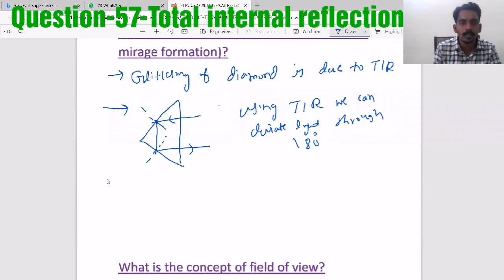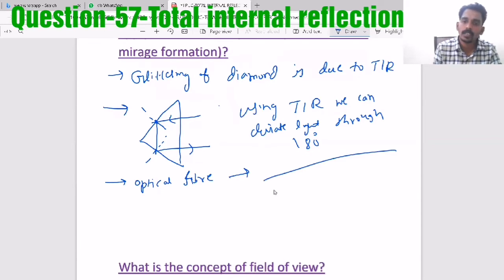And optical fiber is a device like a narrow tube through which, when light enters, it will undergo multiple reflections.